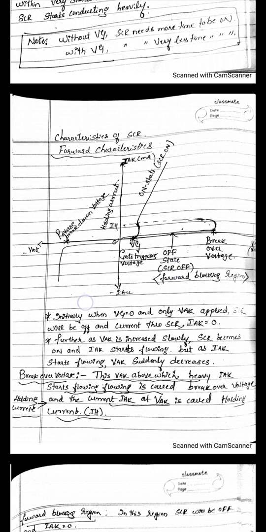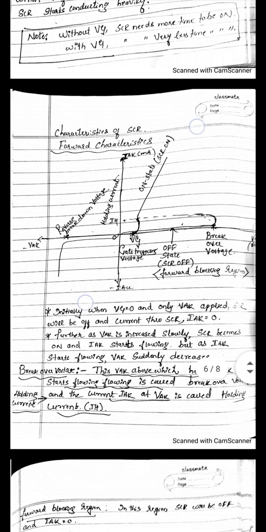It is the region during which SCR will be off, no current through the SCR, though VAK is applied without VG. What is break over voltage? It is the voltage VAK above which there will be heavy current flowing through the SCR. The voltage above which the SCR becomes on is called break over voltage.